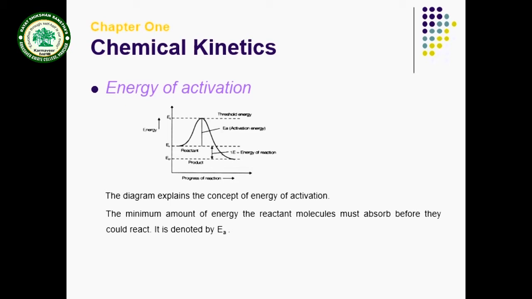So this is the minimum amount of energy that the reactant molecules must absorb before they can react, and it is denoted by EA, and it is known as the energy of activation.